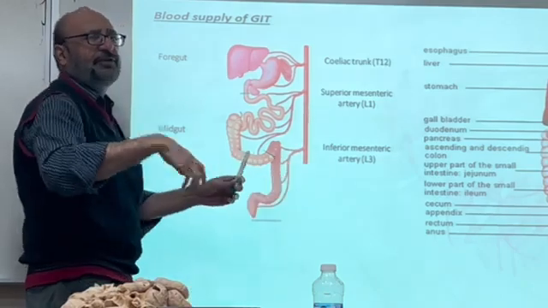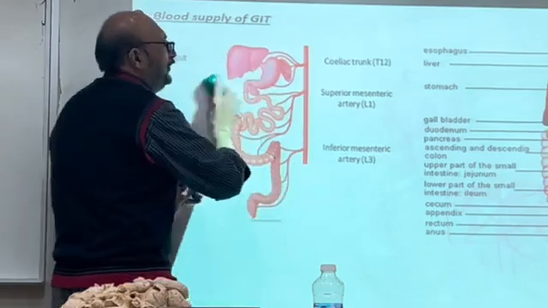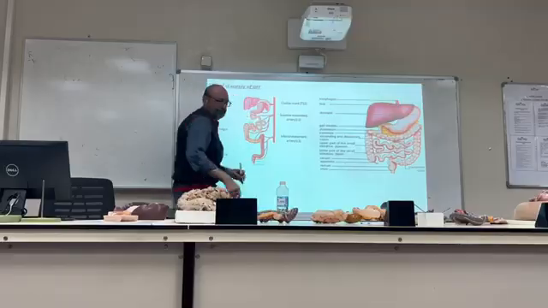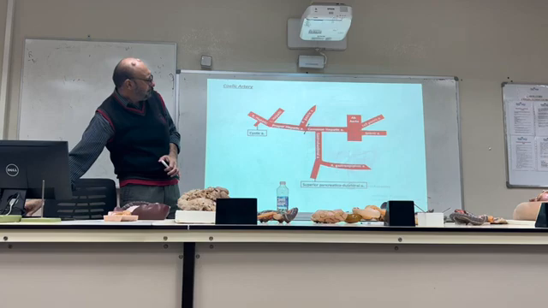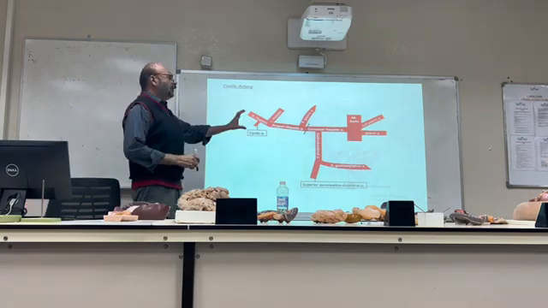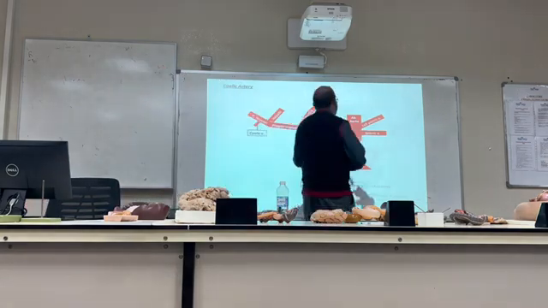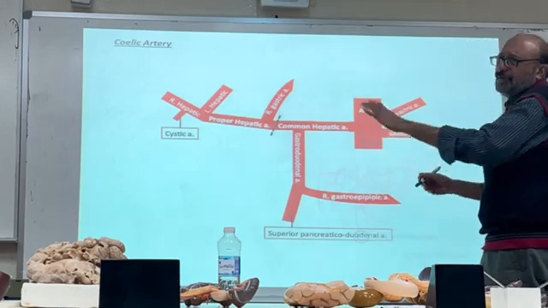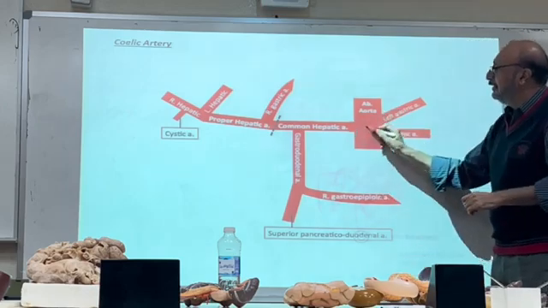So I just expand to show you the conceptual way of distribution of blood. This is a very conceptual figure. Here is the abdominal aorta, and here is the celiac trunk.